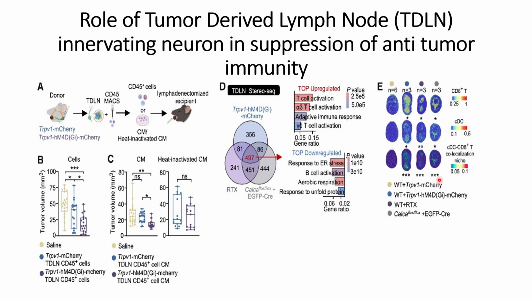So this all together indicates the role of the innervating neuron in the suppression of anti-tumor immunity.